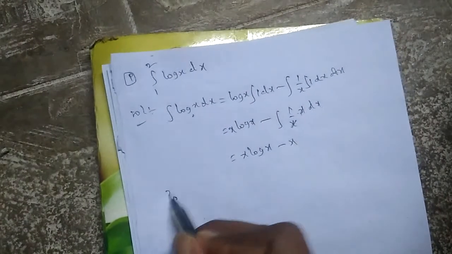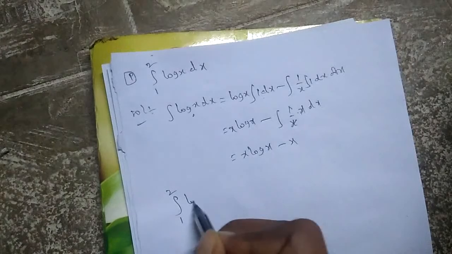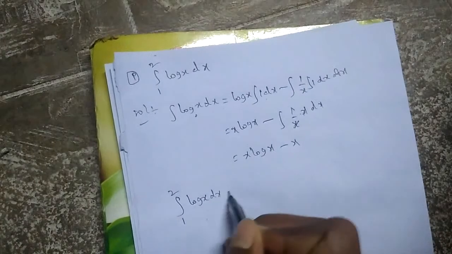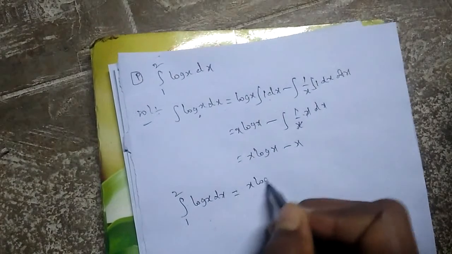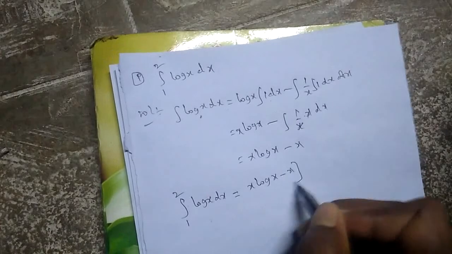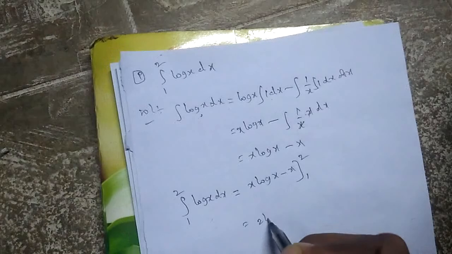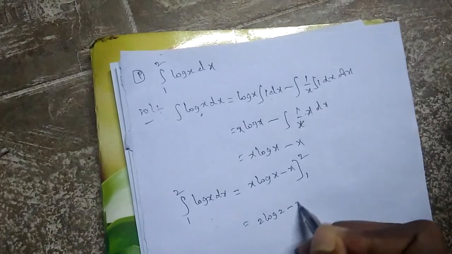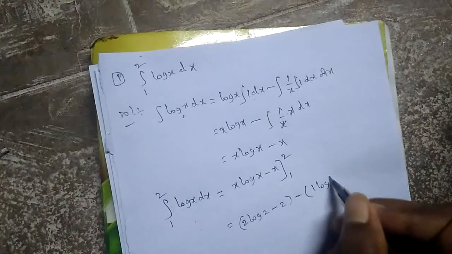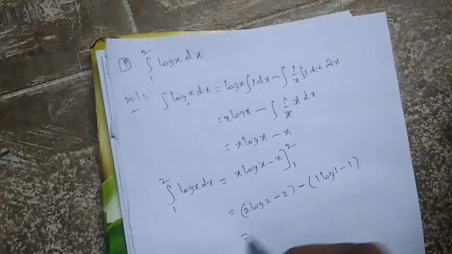Now apply the limits. The integral from 1 to 2 of log x dx is equal to x log x minus x from 1 to 2. Substitute the limits. This is 2 log 2 minus 2, minus (1 log 1 minus 1).